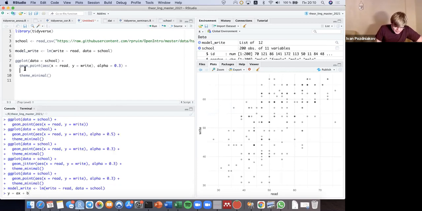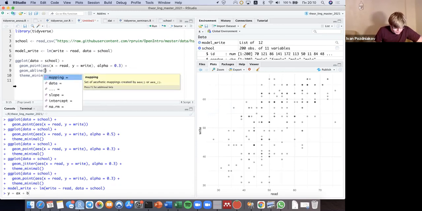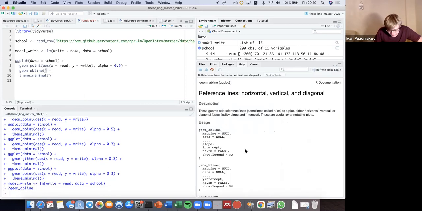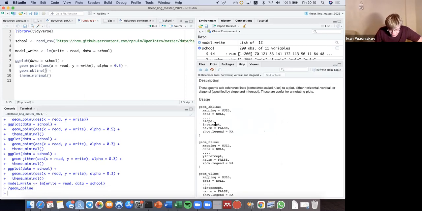And we can use these coefficients in geom_abline, and I don't remember how it's used. I think it's slope and intercept. Yeah, slope and intercept, right. So what do we take for the slope, which number?